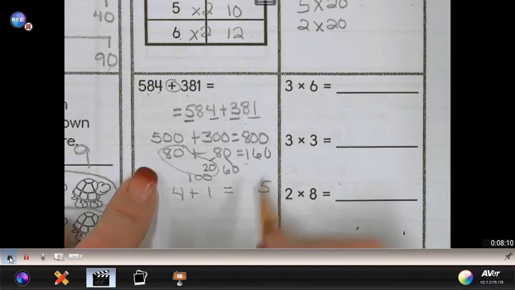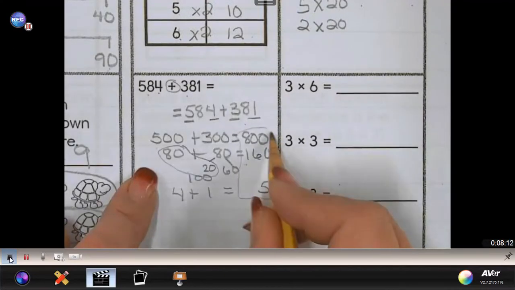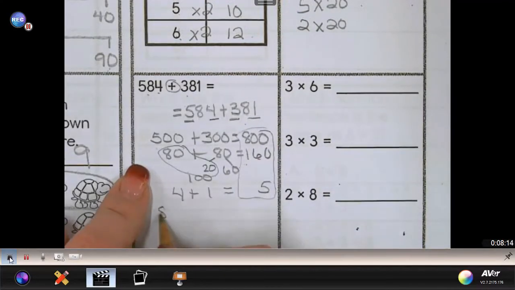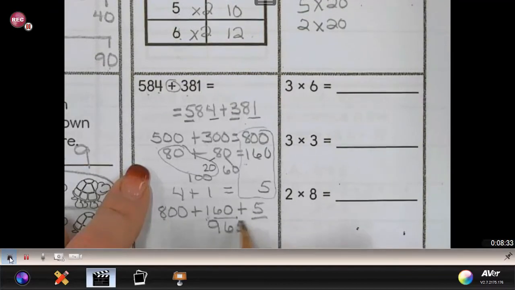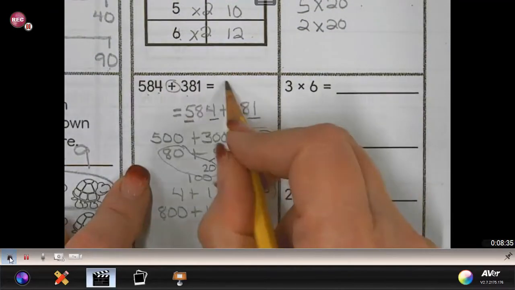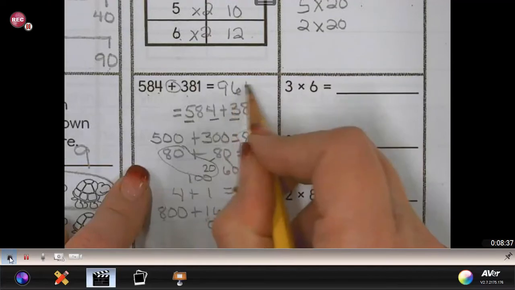And now I can take and put these all back together with my hundreds. These are my 10s, even though it has regrouped to a new 100, and my 1. So 800 plus 100 is 900. 900 plus 60 is 960. And then 5 more is 965. So my sum is 965.